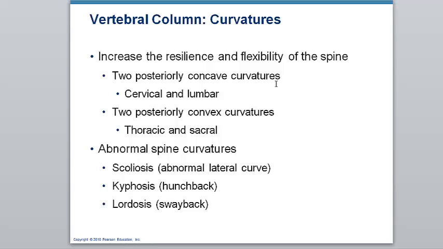You can see the curve in your cervical area and the curve in your lumbar region. So those are the 2 cervical and lumbar concave curvatures. And then you have 2 posteriorly convex curvatures, which come out, which will be the thoracic region and the sacral region.